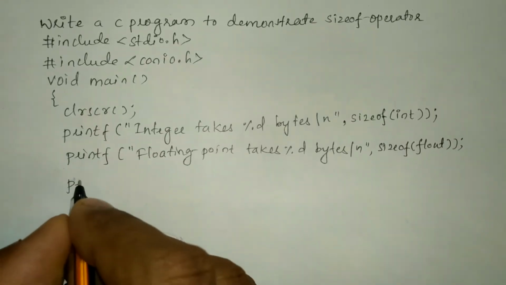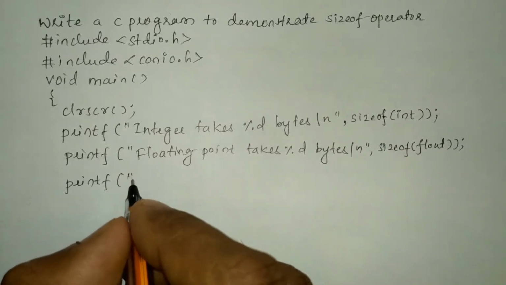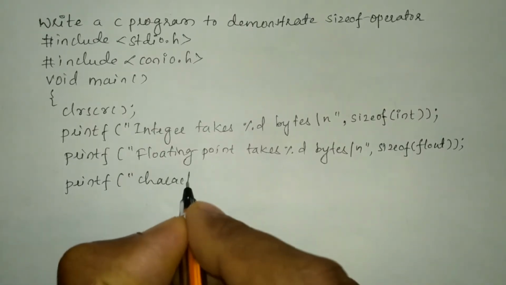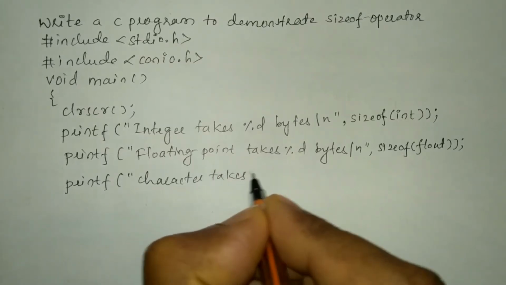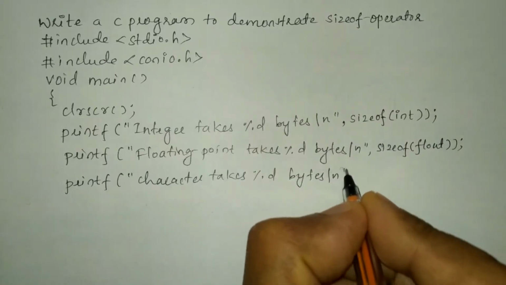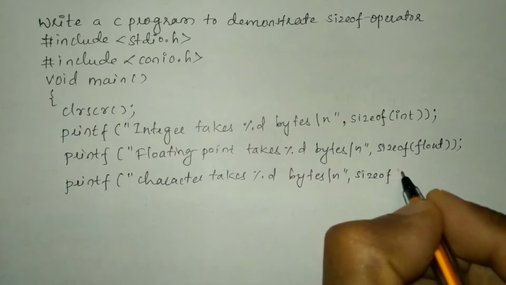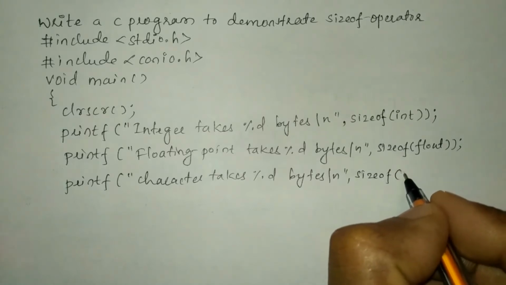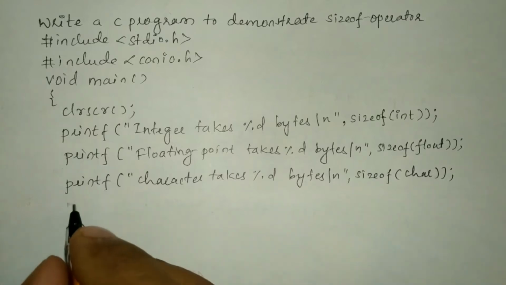So similarly once again I'm going to write printf, in double quotation marks I'll write "Character takes %d bytes \n", comma, sizeof operator, and here I'm going to pass the char data type, close the bracket and put a semicolon.